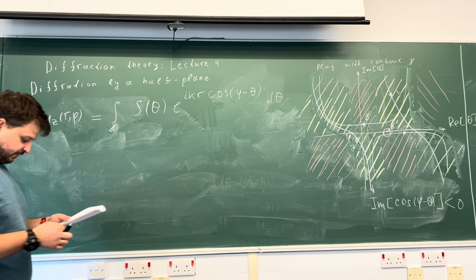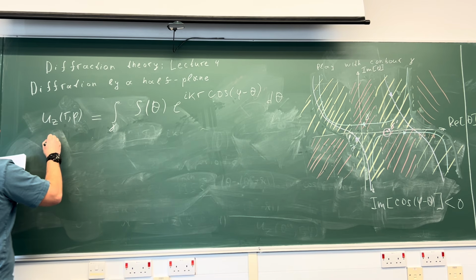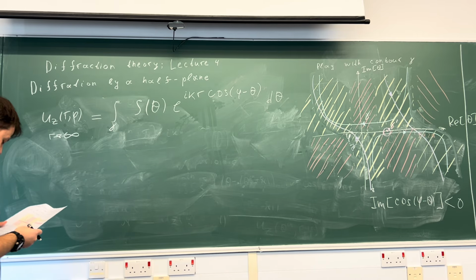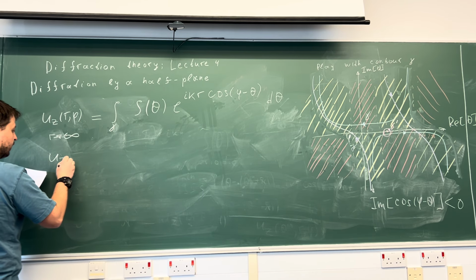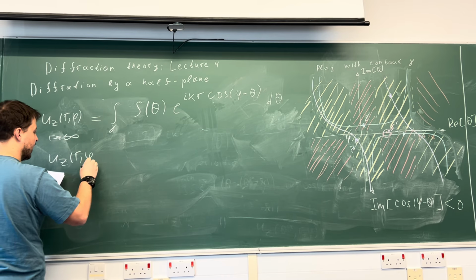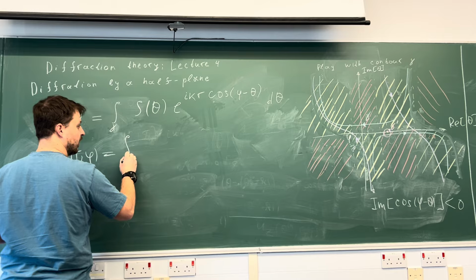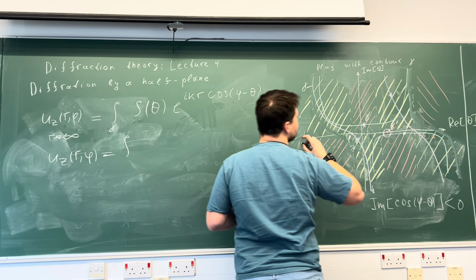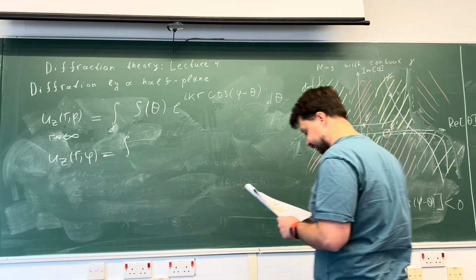So for r tending to infinity, we have, roughly, I will write it like this. This bit will be gamma minus, and this bit will be gamma plus.